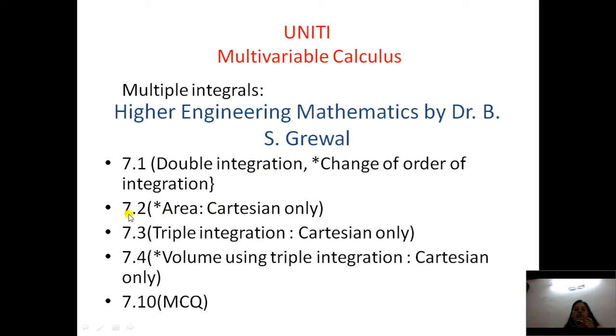You have to solve 7.2. And for triple integration, you have to solve Cartesian only, so you have to prepare 7.3. And to find volume using triple integration, you have to solve Cartesian curves only. For this, the exercise is 7.4.